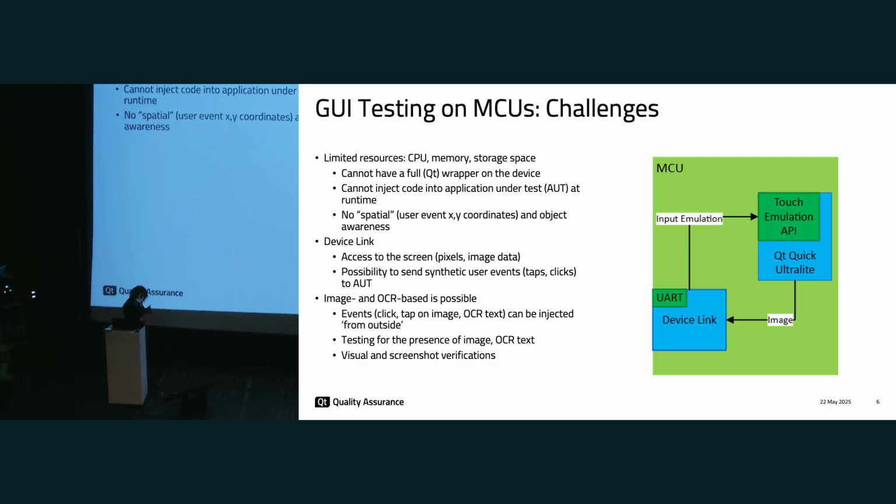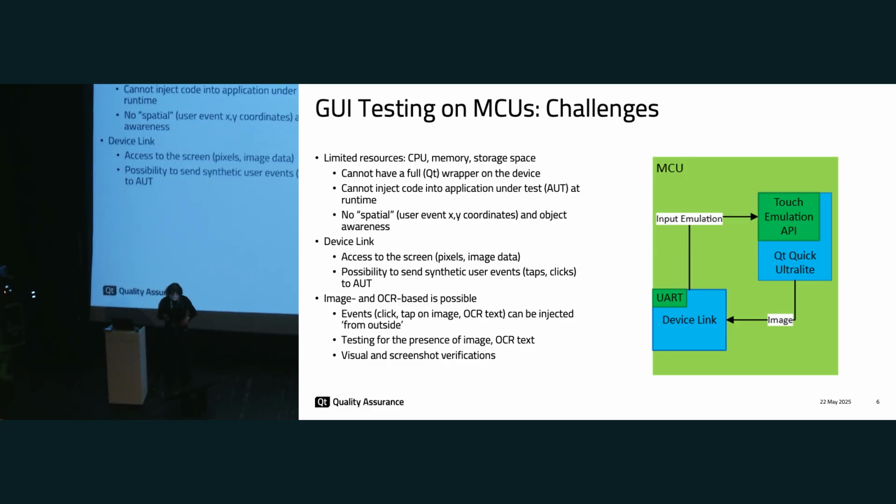But then comes the tiny piece of code, which is called device link. It does essentially two things, and it's so tiny that it actually fits on the device alongside the application we are testing and the Qt Ultralite runtime. This tiny piece of code does two things, and it does them very well. It emulates the user input, so my test scripts can pretend that the user actually tapped on the screen.